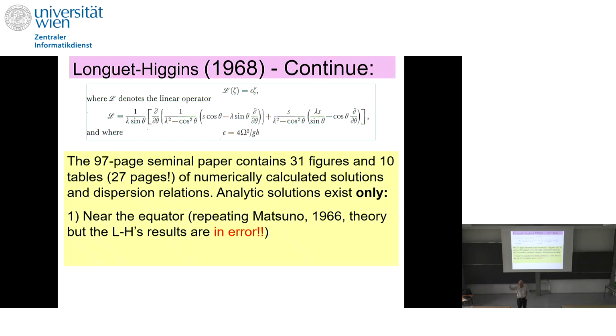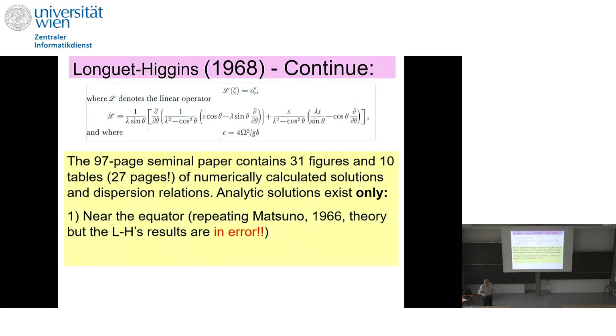And remember, this is the era where reprints were shipped by ships, literally by ships. By the time the library got these, it was way more than just months. He didn't read Matsuno's work, so they are in error.